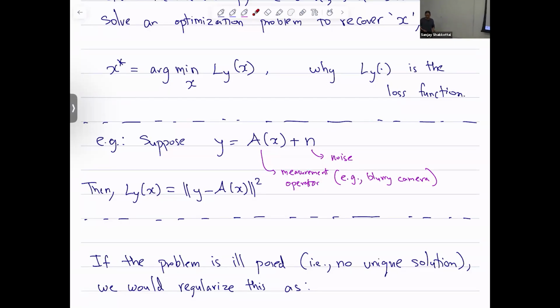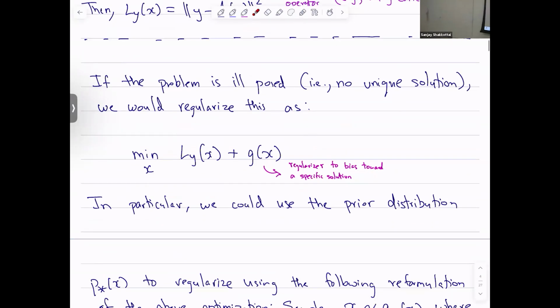So one thing you could say is, even though there's no unique solution, I'm going to regularize it so that I bias it towards some kind of solution. You have seen all sorts of regularizations for optimization problems, 2-norm, whatever. The kind of regularization I want to think about here is regularization through a generative prior. What that means, we'll talk about in a second. But in general, you could say this is my loss function.